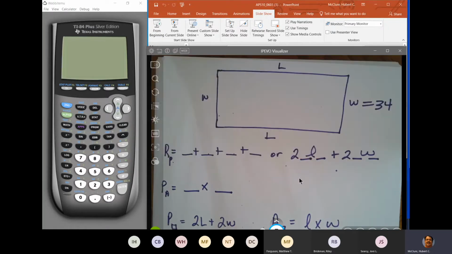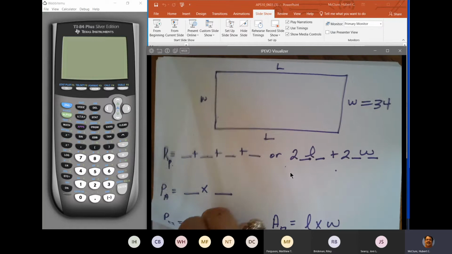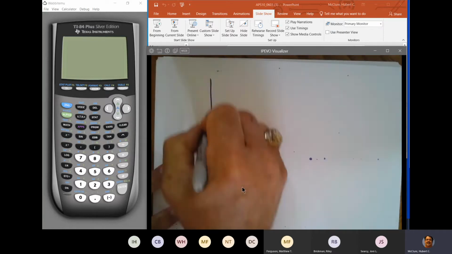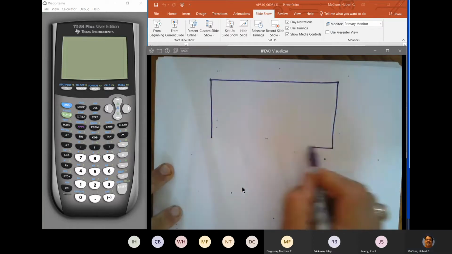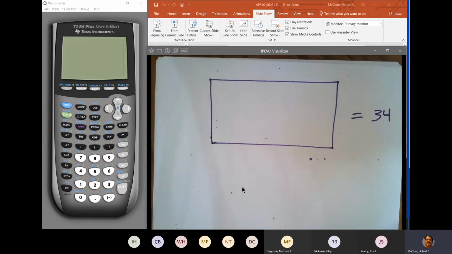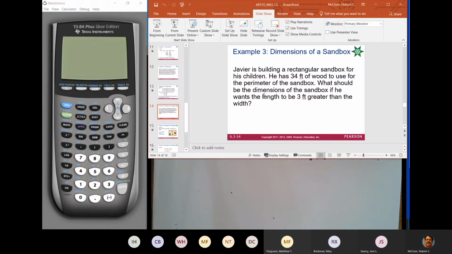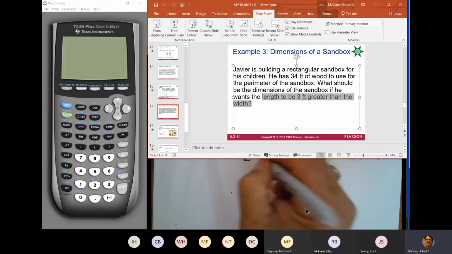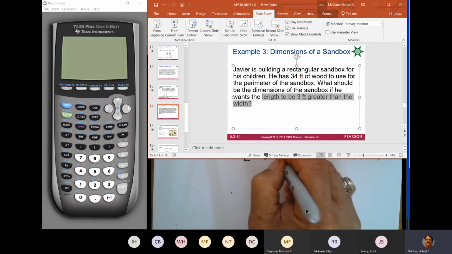So I'm going to redraw my box, because we know we want perimeter. And we know that the length of all those sides is equal to 34 feet. But this part right here says L is equal to W plus 3.